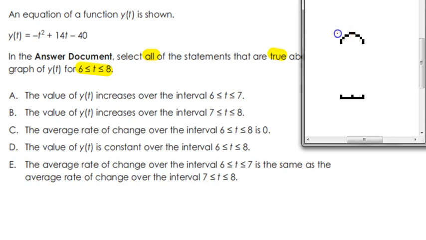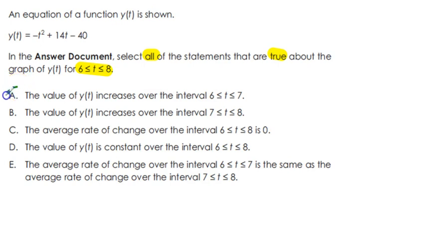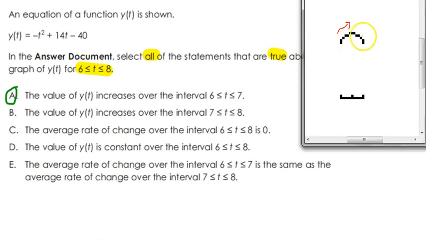So 6 to 7, it goes up. Up is increase. That is correct. A is correct. And then B says the value increases over the interval 7 to 8. Well, 7, which is the middle, to 8, that's going down. That is not increasing, so B is not one of our answers.